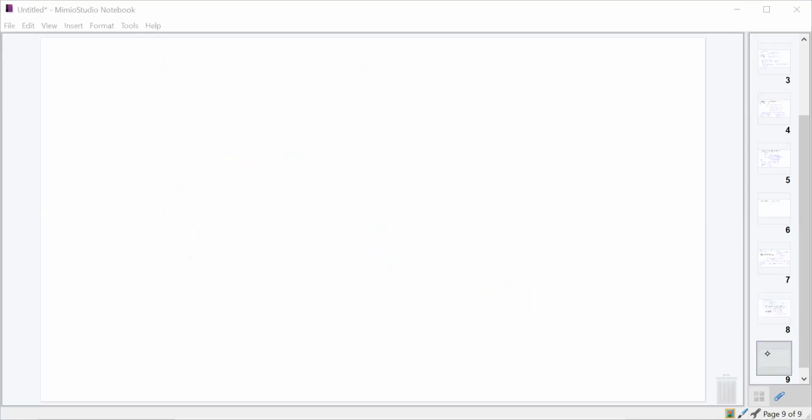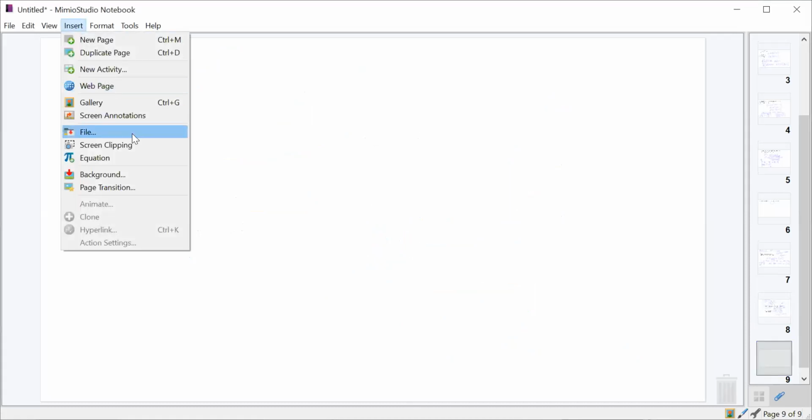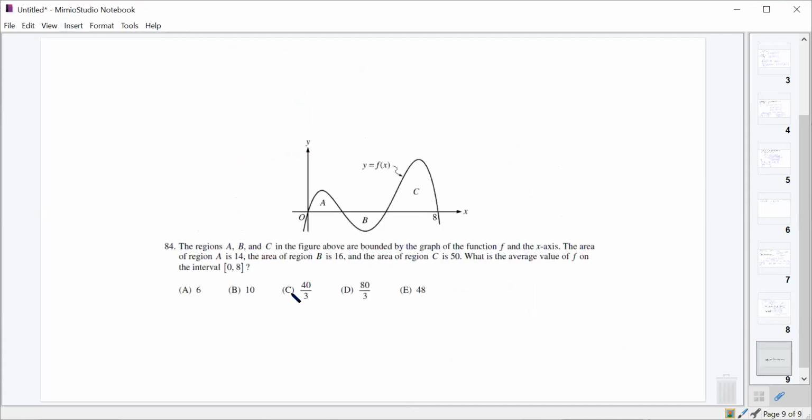All right. We got number 84 from the 2014 test. We've got this nice little graph with regions A, B, and C. It crosses through the x-axis there at 8, and it gives us the areas of these regions.